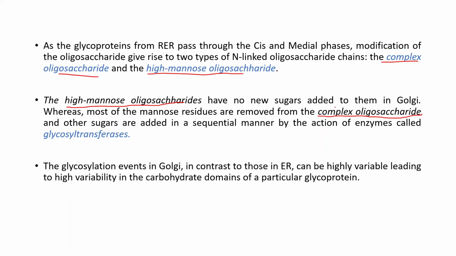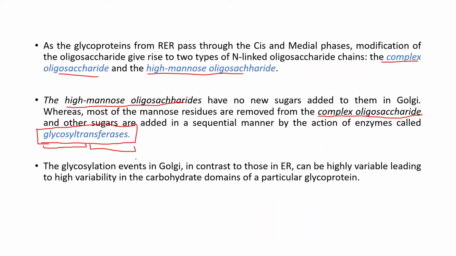And to this complex oligosaccharide, a lot of other sugars are added in a sequential manner. And these sugars are added with the help of glycosyl transferases. If you break the word into two, glycosyl means a sugar, transferases means something that is transferring the sugar to a substrate. So glycosyl transferases are the enzymes which are responsible for glycosylation.